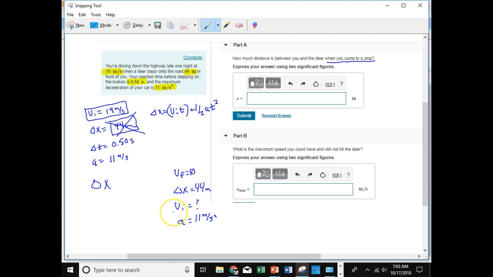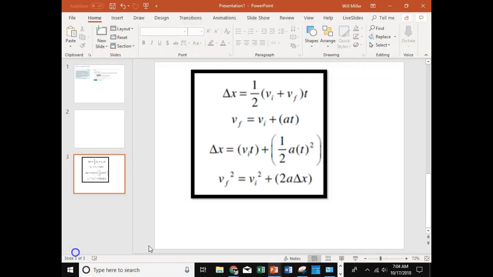Now this one, though, we don't know what the time is. So we have to choose an equation that does not involve time, and all of these three involve time. It's that one right there: vf squared equals vi squared plus 2a delta x.